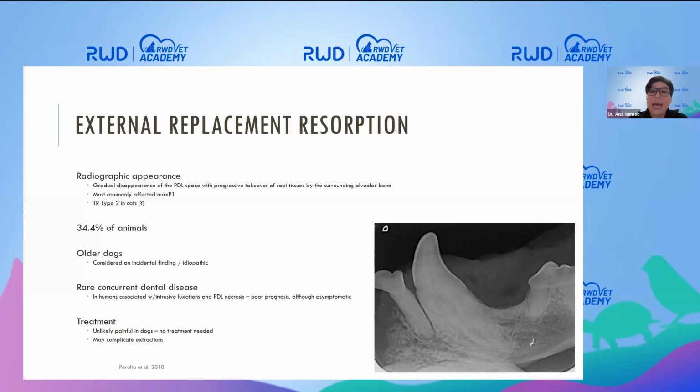The problem is that if this lesion is exposed to the oral cavity, or this tooth is fractured and needs to be treated, then these teeth need to be removed, and extraction of teeth with replacement resorption is usually extremely difficult, challenging, and may sometimes need to be combined with, for example, piezo surgery.